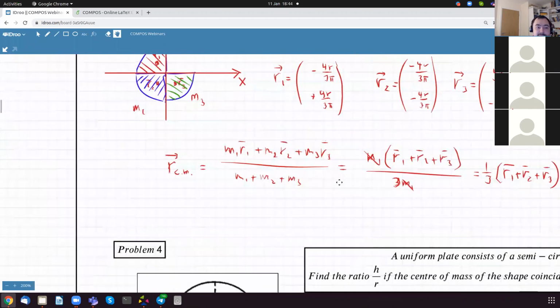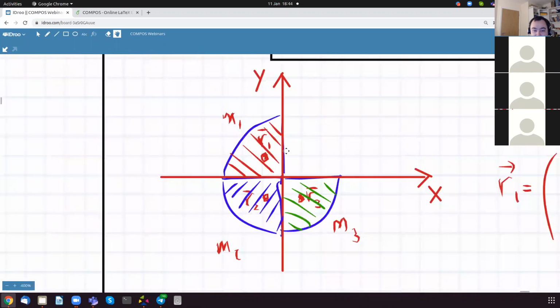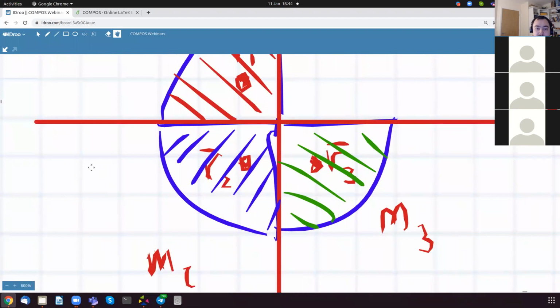What is the significance of this answer? Well, the center of mass is here. It's 1/3 of the way from the origin to this point.